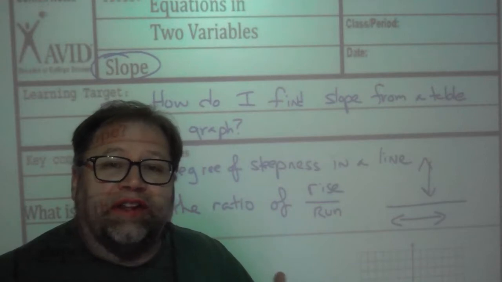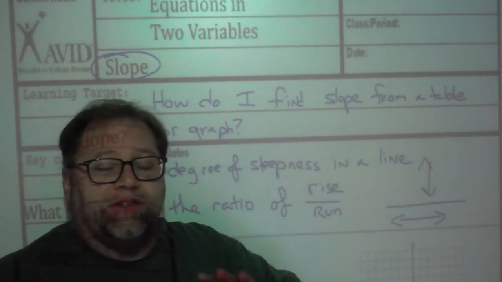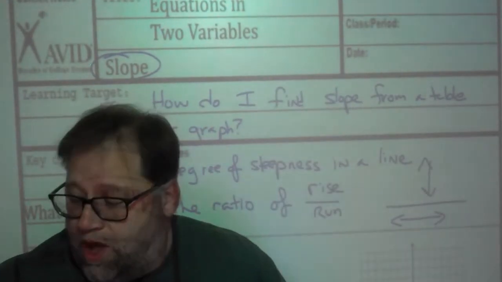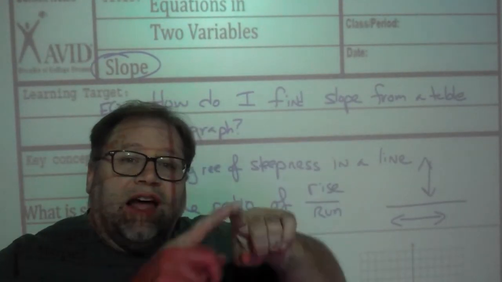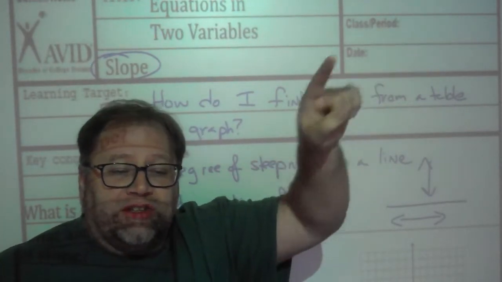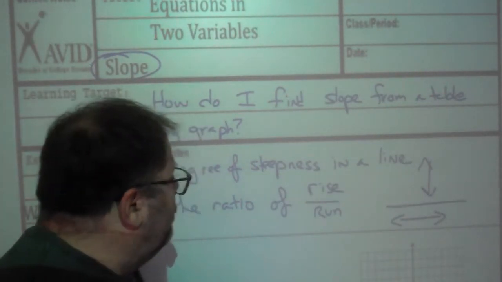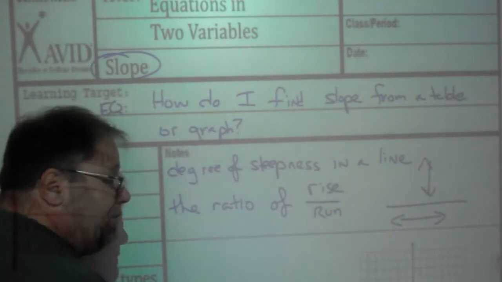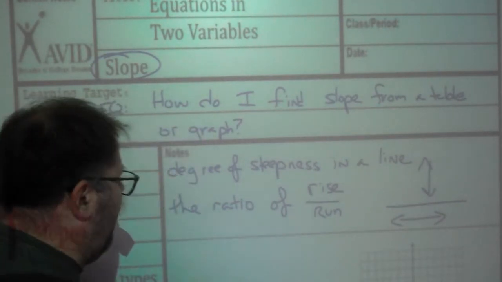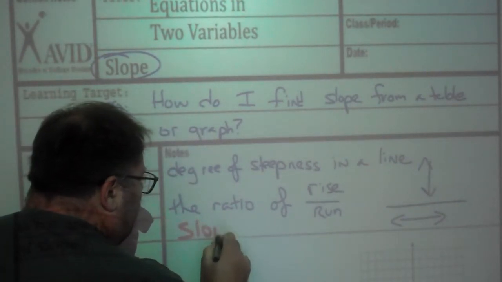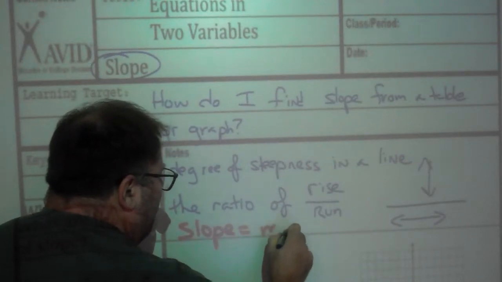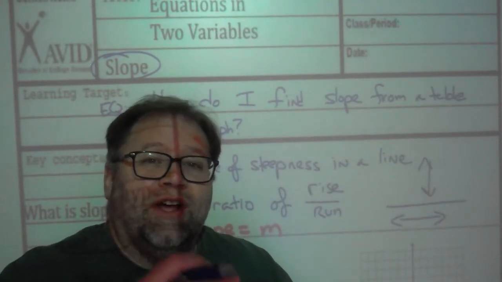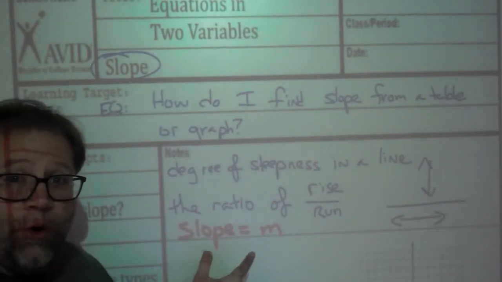Wherever you measure the slope on the line, it's going to be the same, here or way, way out there at the moon or way, way down there on the other side of the planet. That line, as it extends off at infinity, the slope will never change. Slope is so important that in math, it's been given its own variable, and that variable is m. I don't know why, but when we have an m in an equation, that m represents slope.